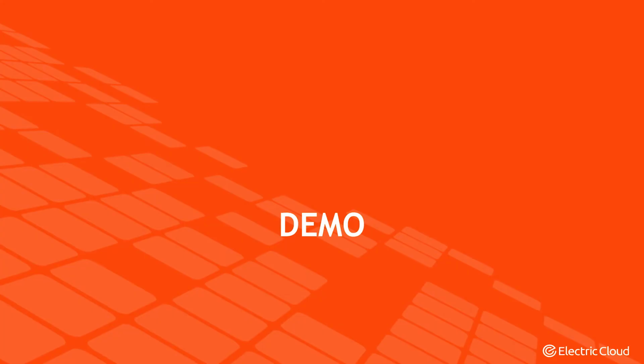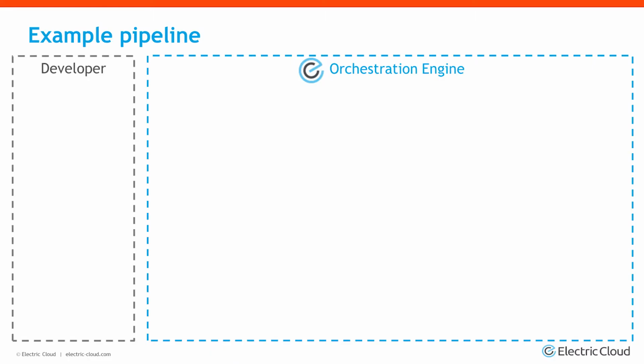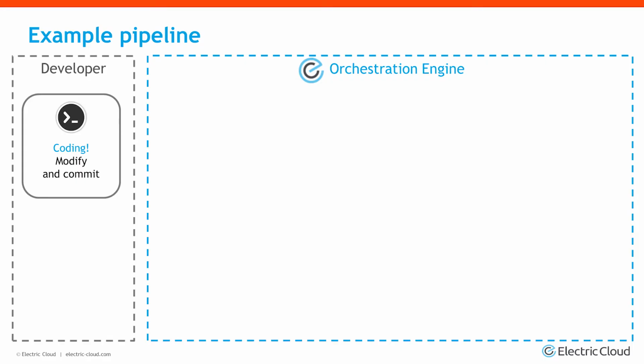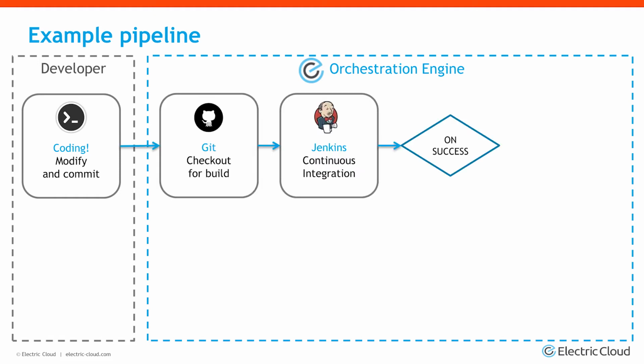So I'm going to jump into my demo. In this demo, I have an example pipeline where I am going to make a change to a very simple application and run it through the pipeline and show you how I might integrate with some tools. So we're going to start with making a change to the code and doing a commit. This will trigger my CI. I'll do a checkout from my Git repository.